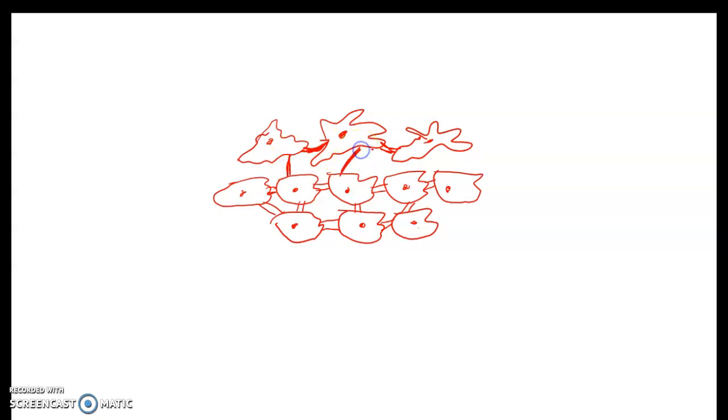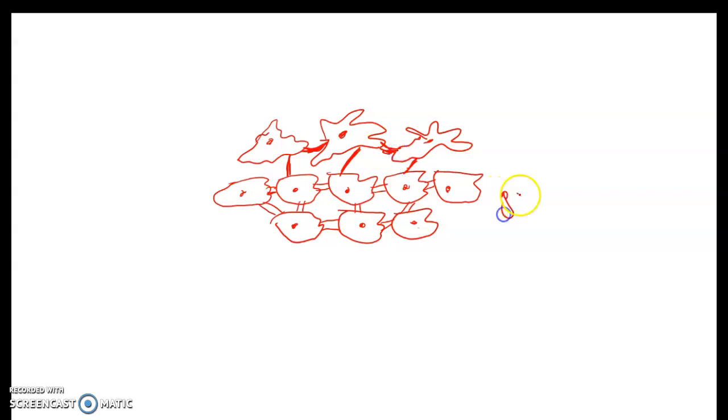Now, hold on. Here we have the specialized cells, and these cells are called interstitial cells of Kajal. Remember, these cells are also connected to each other and connected to the muscle cells via gap junctions.